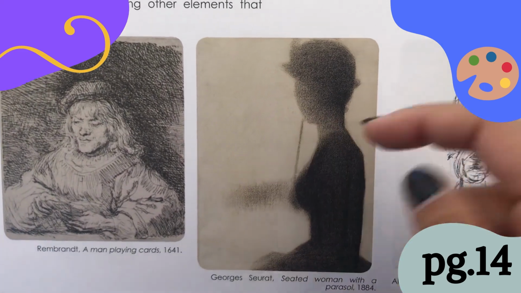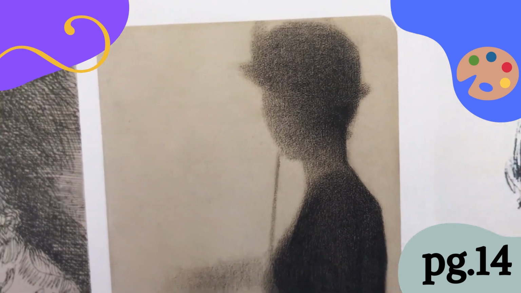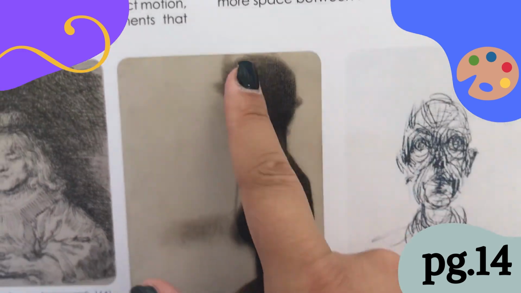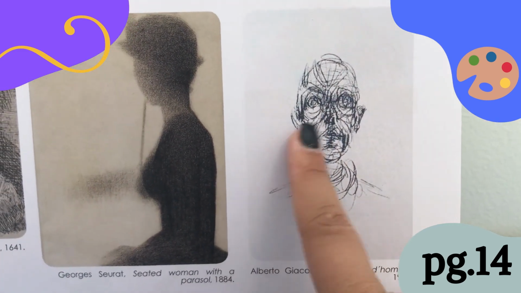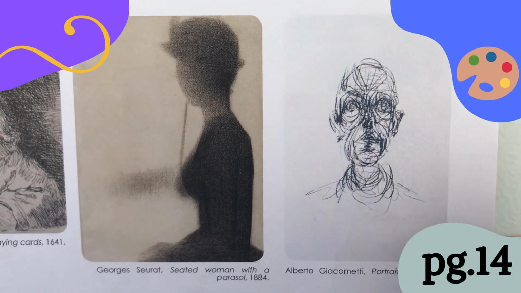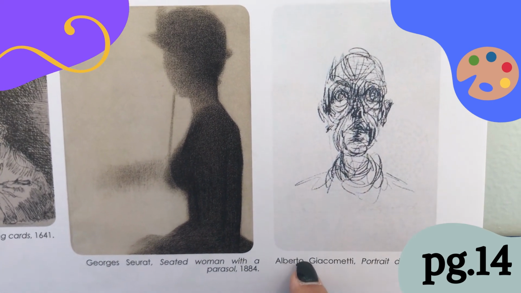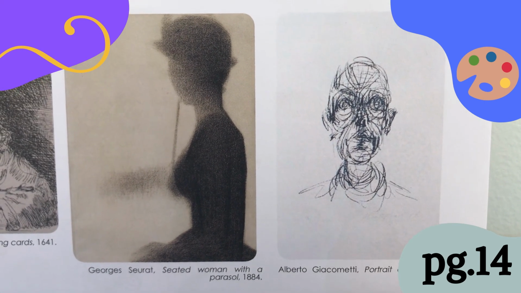You can see it's made out of dots that look like shade, and this is the light. And this one is made of lots of lines, made by Alberto Giacometti, called Portrait di Homem.